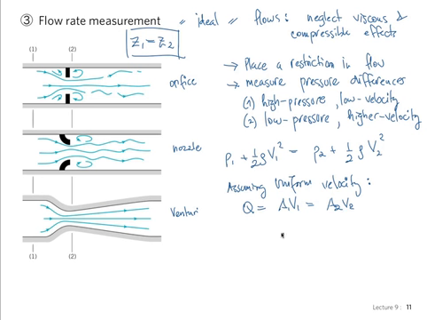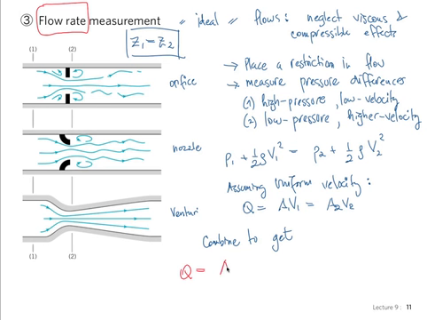And so we can combine these two to get a measure of the flow rate. This is what we want to measure, right? The flow rate. So the flow rate is Q, and basically A2 V2, and I can obtain V2 from the other equation.